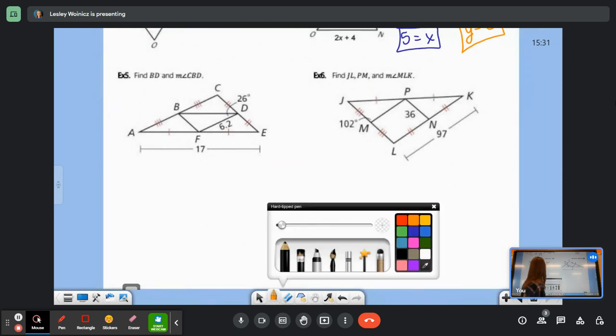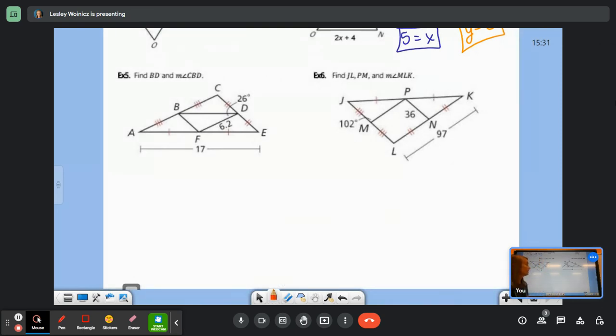This might be the shortest notes ever. Okay, so this is where it gets exciting. We have to find BD and the measure of angle CBD. So we have to find this segment, BD. Well, I can see that this little triangle inside is the midsegment triangle. So BD is a midsegment.